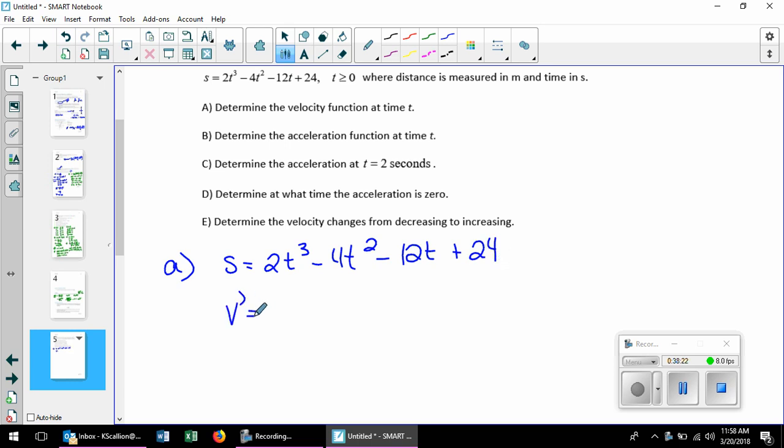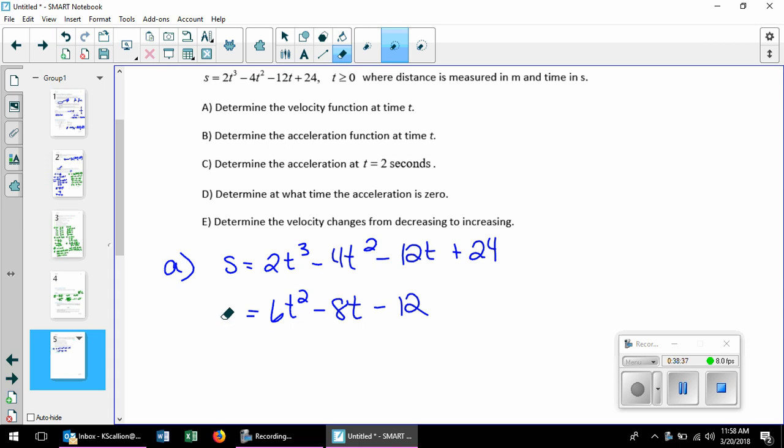My velocity function is going to be 6t squared minus 8t minus 12. Sorry, it shouldn't be b prime. It should be either s prime or v. You can use either of those.